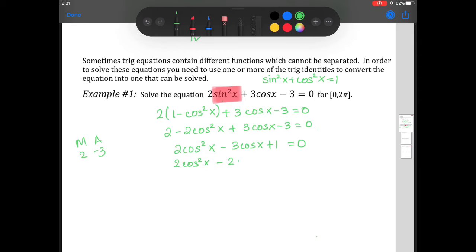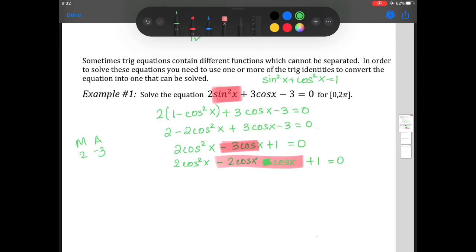So 2 cosine squared x minus 2 cosine x, you're basically splitting this middle term into these 2 factors. Minus cosine x plus 1 equal to 0. Oh, it was minus cosine x, my bad. It's negative 3.